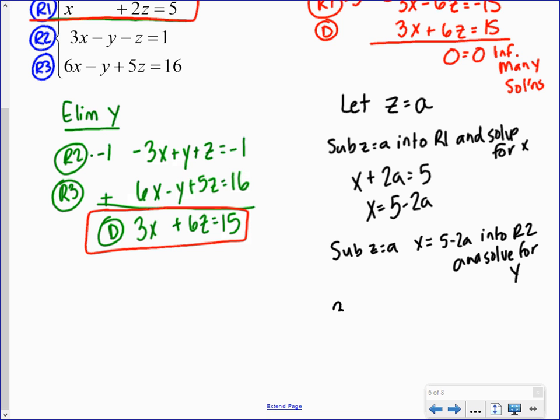So R2: 3 times (5 minus 2a) minus y minus a equals 1. So I have to do some distribution.